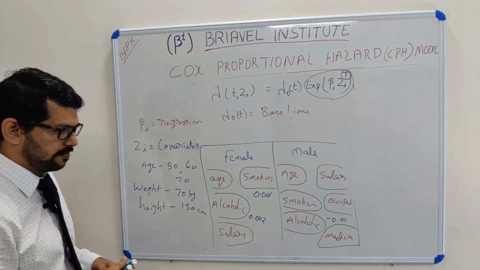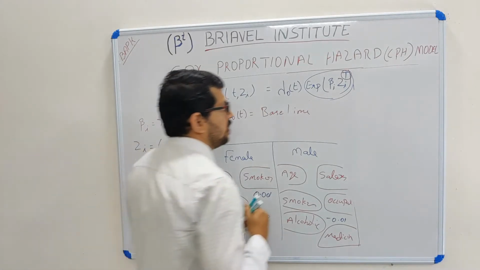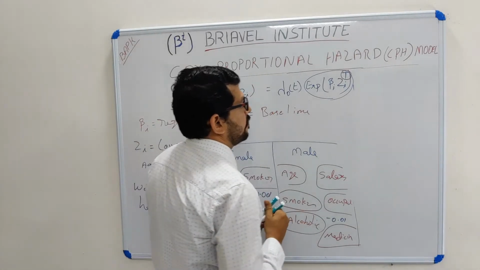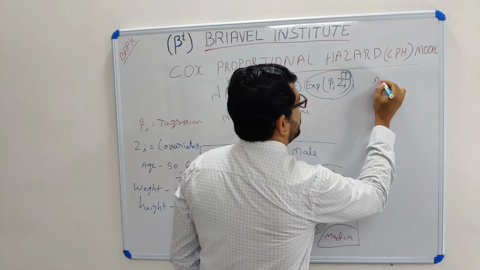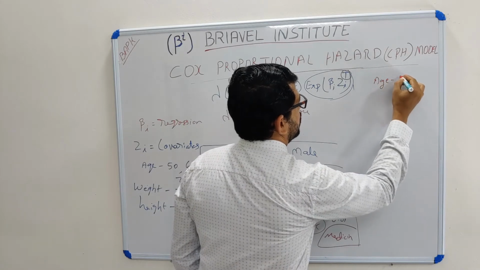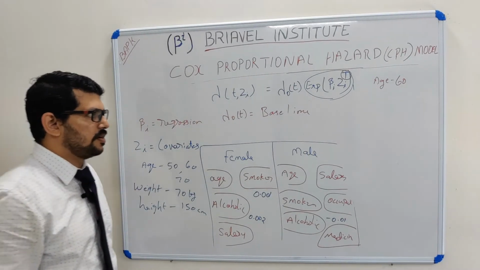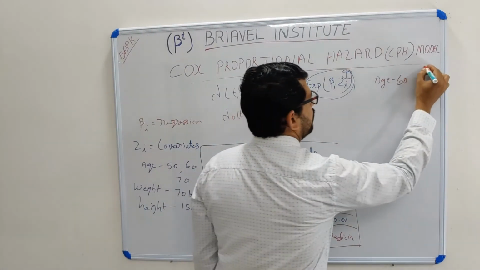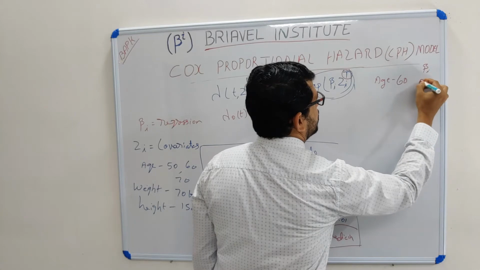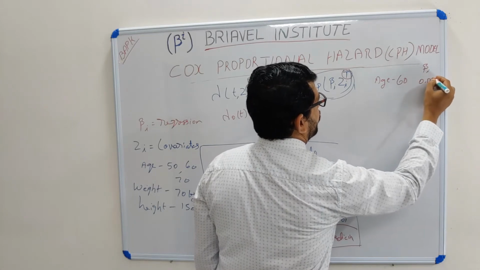For example, age is equal to 60 and their beta i regression parameter is 0.01.